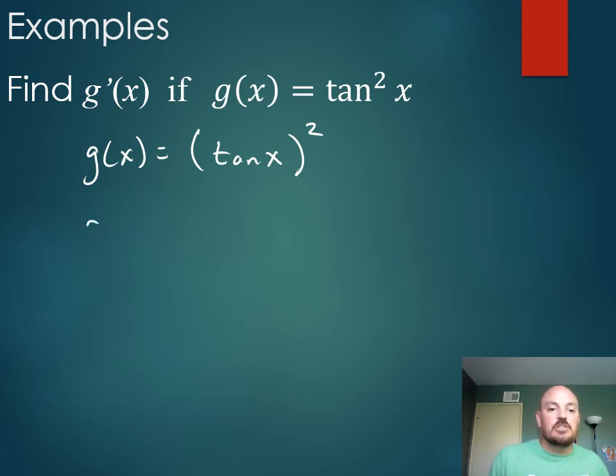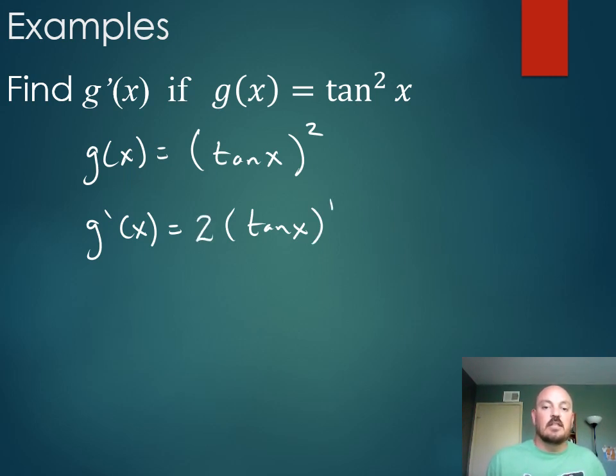So when I go to find g prime now, I'm going to do the power rule on the 2 around the tangent, meaning I'm going to leave that tangent x where it is, and I'm going to do the power rule around it. I'm going to multiply by 2 and lower that exponent by 1. But then I have to chain rule it.